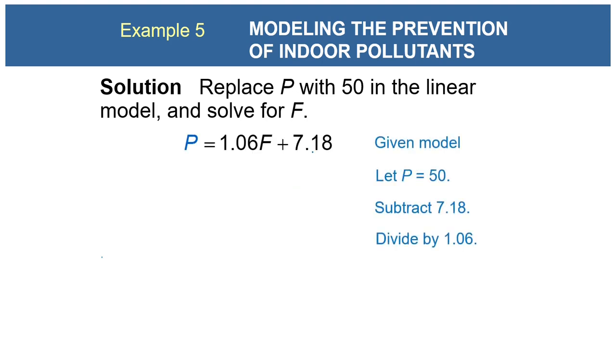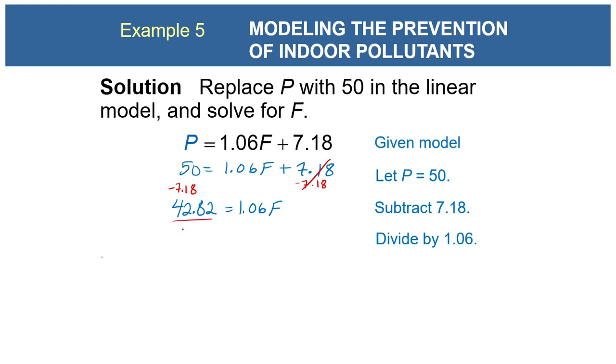P equals 1.06F plus 7.18. So let's replace P with 50. We have 50 equals 1.06F plus 7.18. Let's subtract 7.18 from both sides. And that gives us 42.82 equals 1.06F.